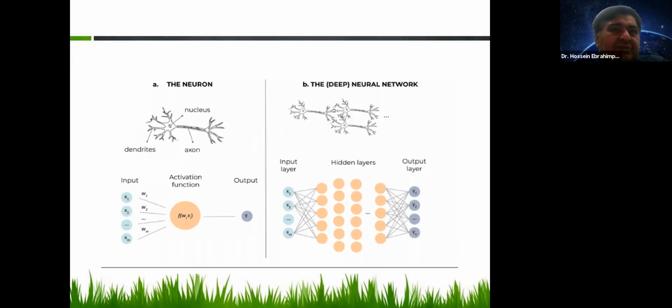But mathematically, it is shown that you only need 2 layers to solve most of the current problems. Yet in deep learning systems, we have many layers.